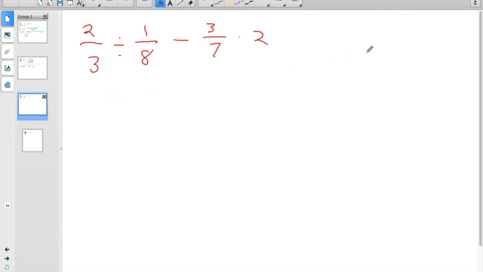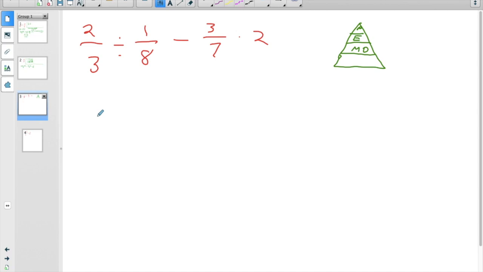And according to our order of operations, we always start at parentheses, which we don't have any here. We then go to exponents, we don't have any. We then do multiplication and division from left to right. So here I'm going to first do my division, then I'm going to do my multiplication.